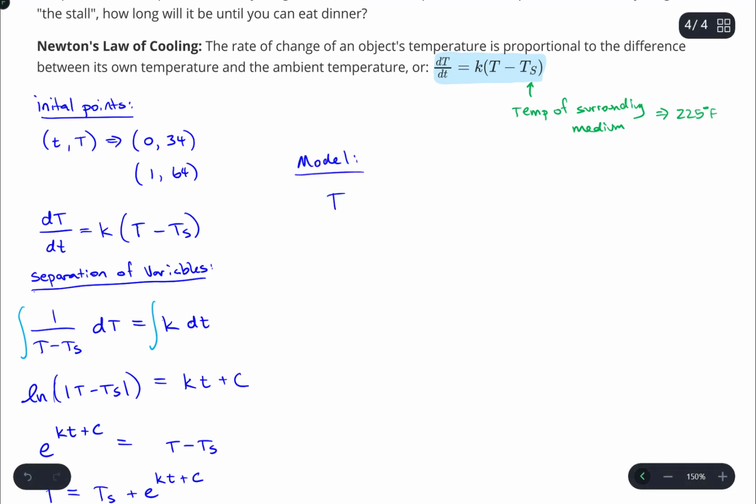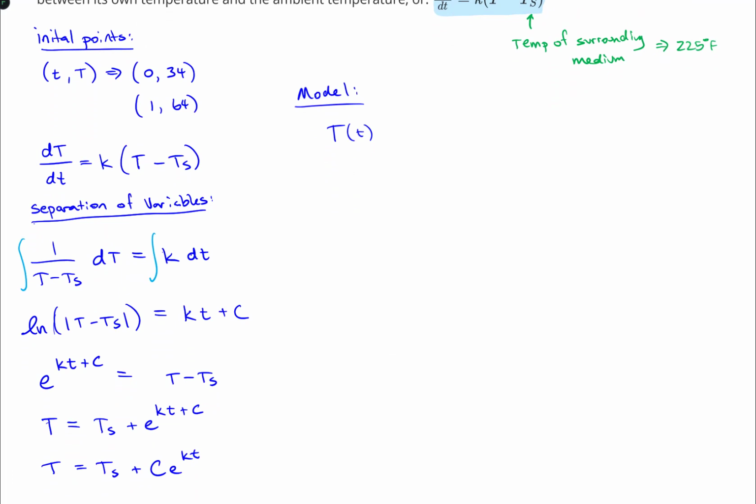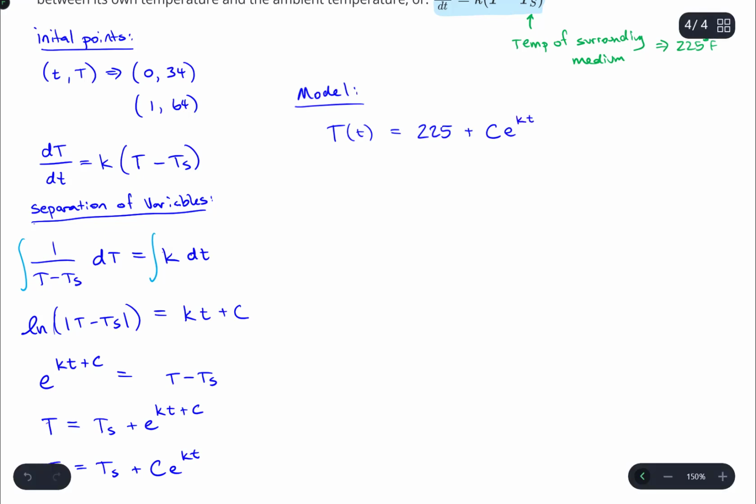So I have the temperature. You know what? I'm going to go ahead and make it a function, just explicitly state that it's a function of T. Is the temperature of the surrounding medium, which we know is 225, plus some arbitrary constant C, e to the k times T.